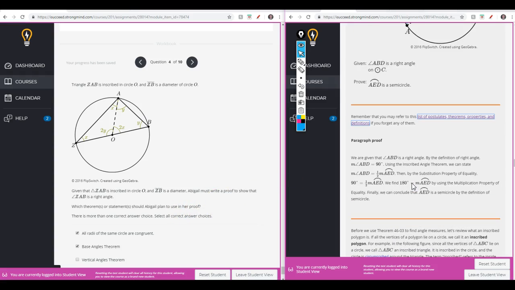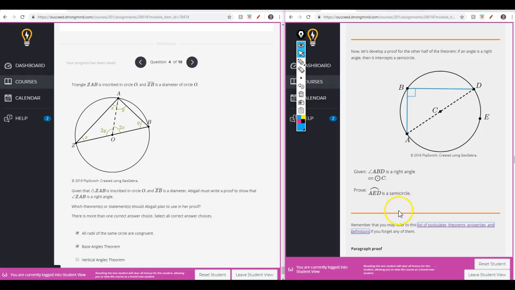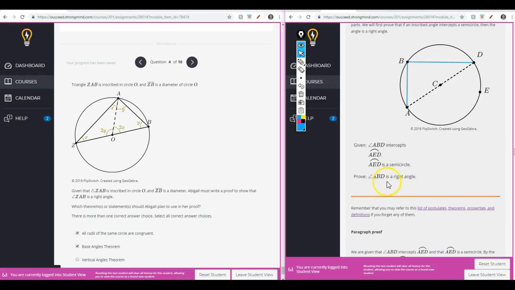So the first thing that I'd be looking for is an example proof to show that the angle is a right angle. So right here I'm noticing that this angle is a right angle. It looks fairly similar.